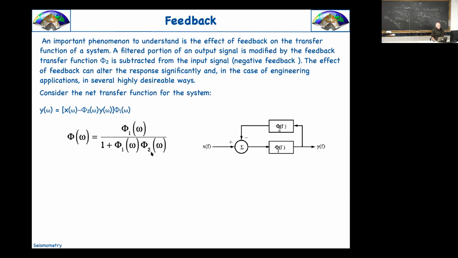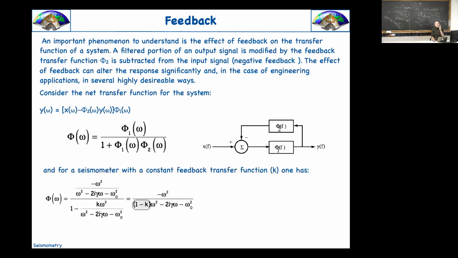You could say, why should we create a feedback that usually is leading to nonlinear effects? Yes, but if we can handle it rapidly, there is a new parameter that we can play with. So if you replace, instead of phi1, the expression of an inertial instrument, for example, and you write it, and you have this k, and if you rewrite it, you have something like that.